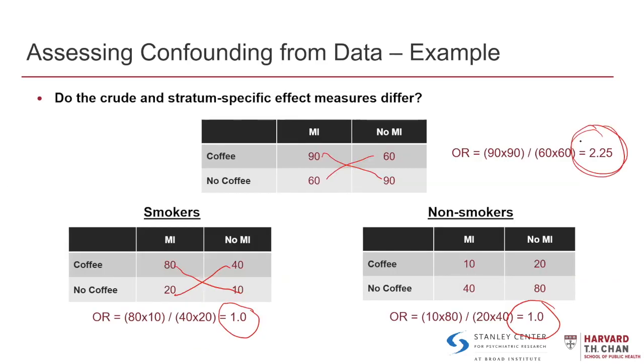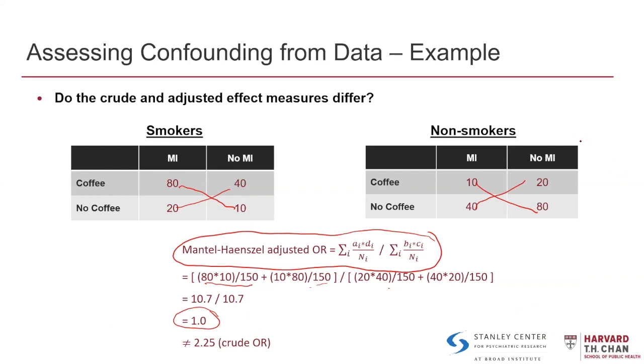So this crude odds ratio is different from the adjusted odds ratio of 1.0. The pooling combines the stratum-specific associations across the strata, averaging them to create an adjusted estimate. The weights are assigned based on the information that we have.